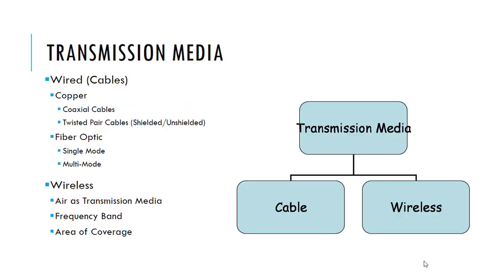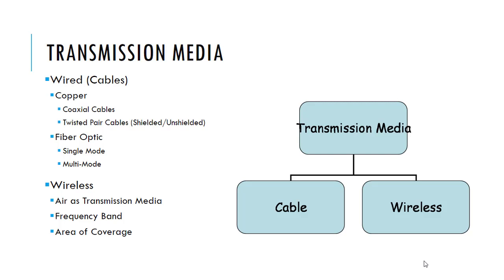The transmission media. The transmission media used by a computer network can be the wired media, the cables, or the wireless media using air as the transmission media. The wired media, the cables, can be made of copper or can be made of fiber optic. Copper cables can either be coaxial cables or twisted pair cables, and in turn the twisted pair cables can either be shielded cables or unshielded cables, either STP shielded twisted pair or UTP unshielded twisted pair.